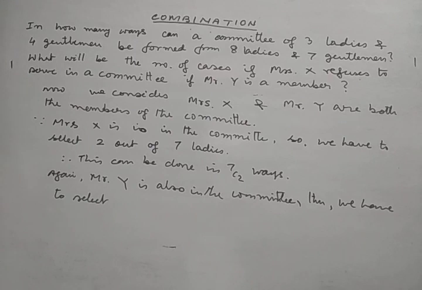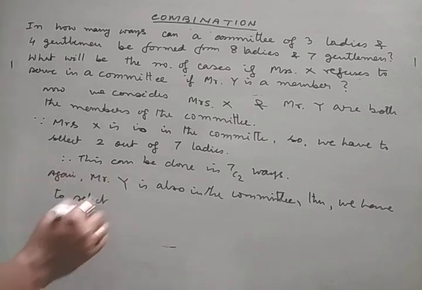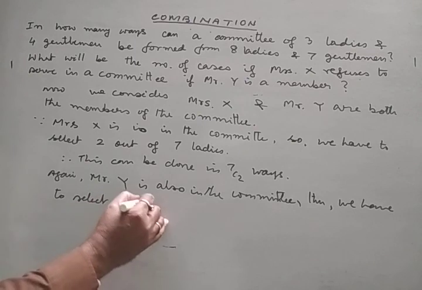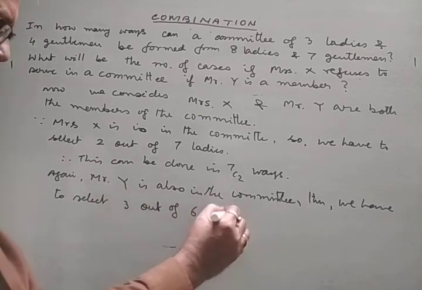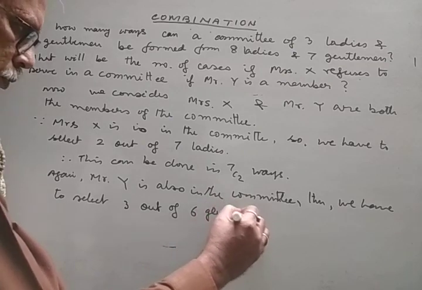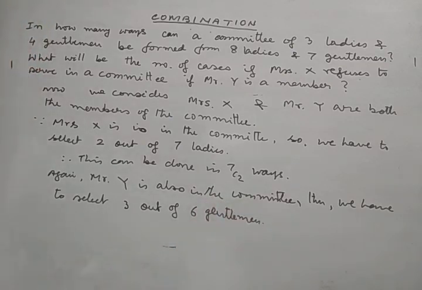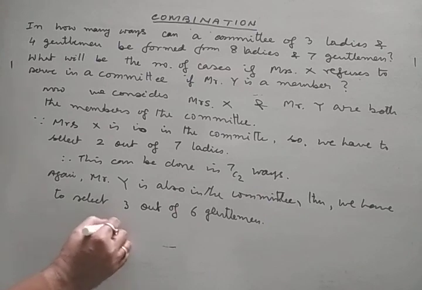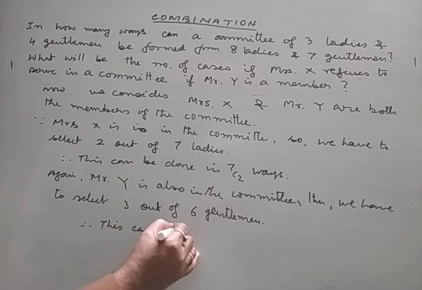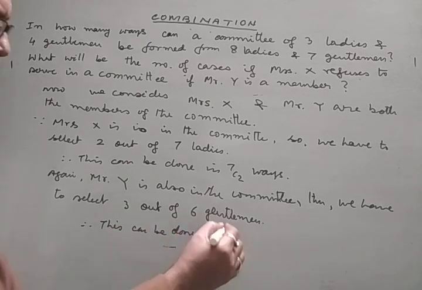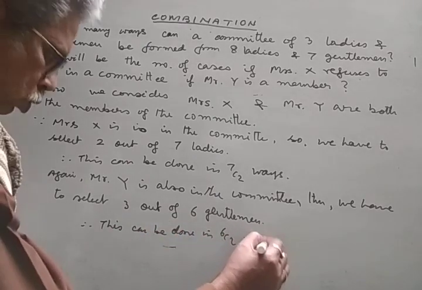That means you have to choose 3 gentlemen from 6 gentlemen. So then we have to select 3 out of 6 gentlemen. This can be done in 6C3 ways.